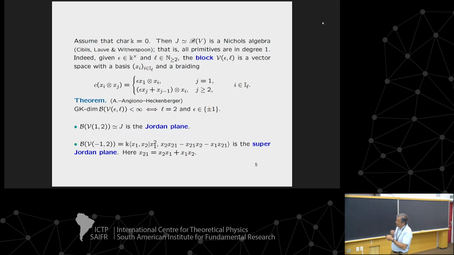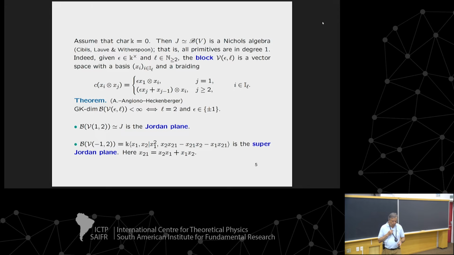And this was observed, to my knowledge, first in a paper by Sibils, Lowe, and Witherspoon. And when we started to look at the problem of classifying Nichols algebras with finite Gelfand-Kirillov dimension some 10 years ago, we started with the blocks.